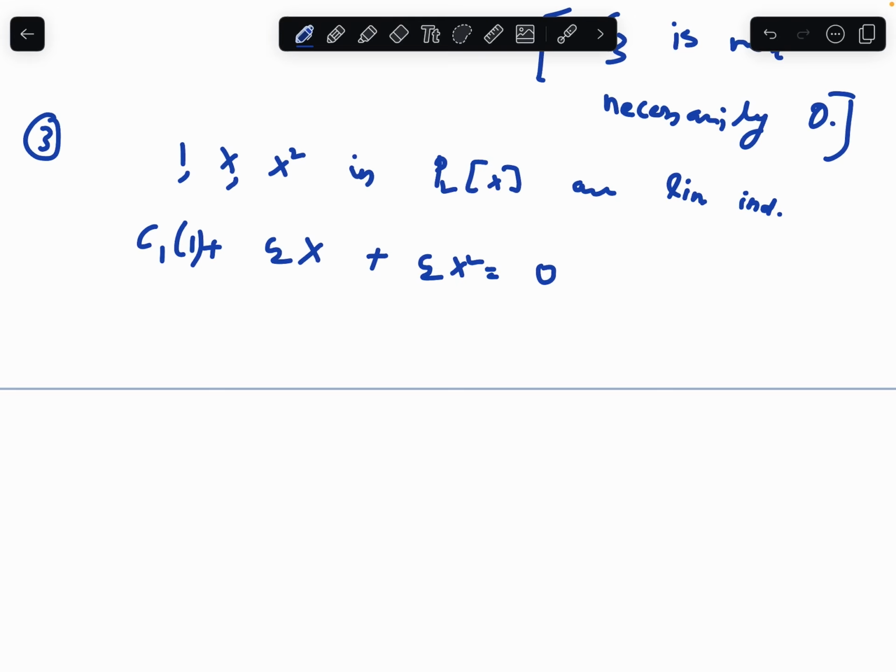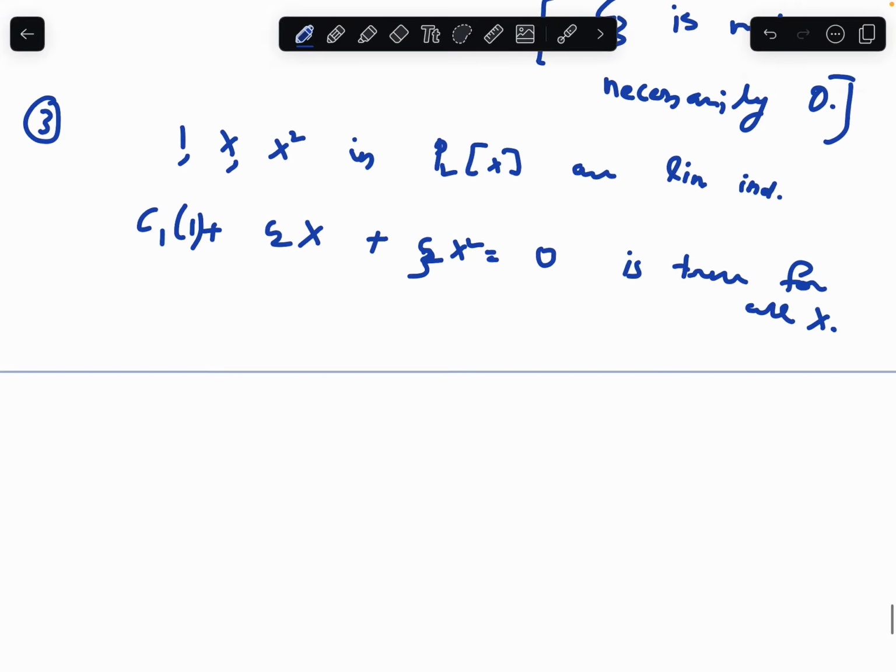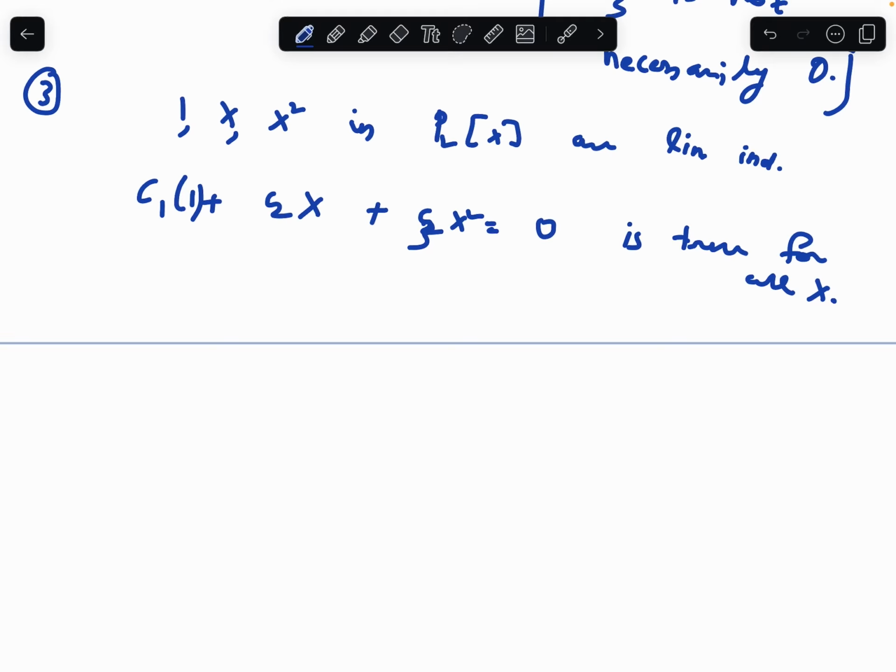So we have written this. Now we need to see what C1, C2, and C3 are. So this is true for all x, right? But this is actually a quadratic equation, isn't it?